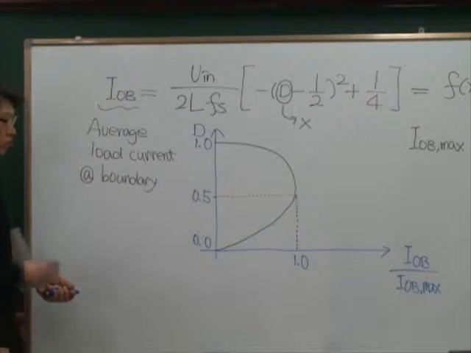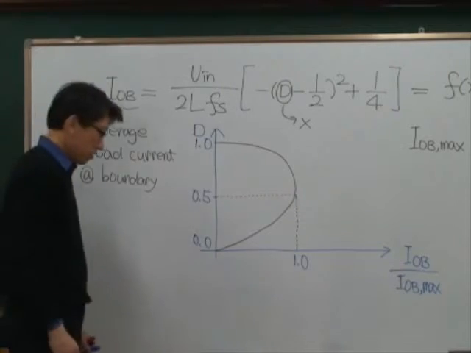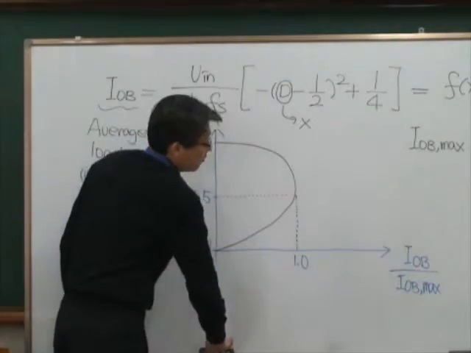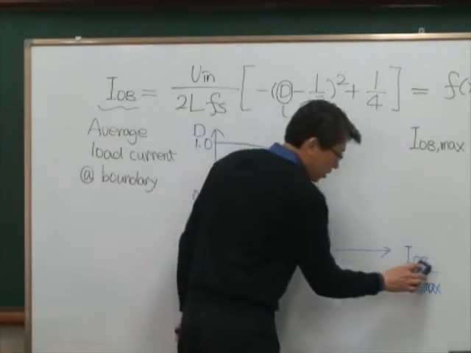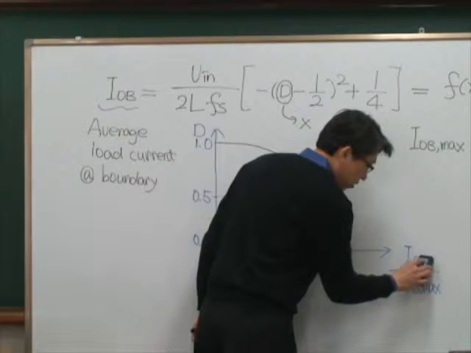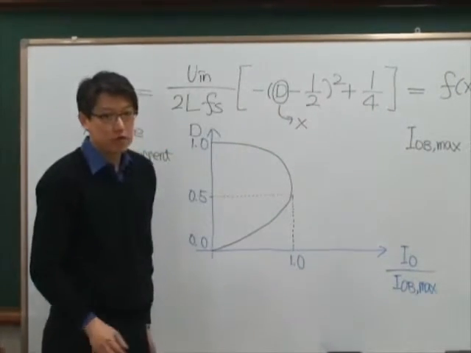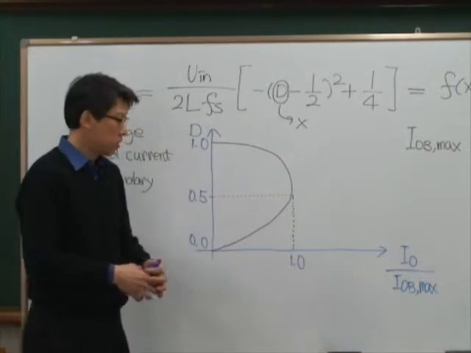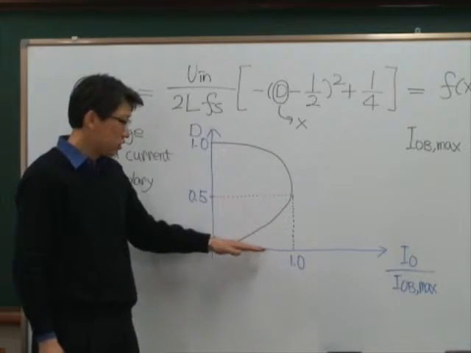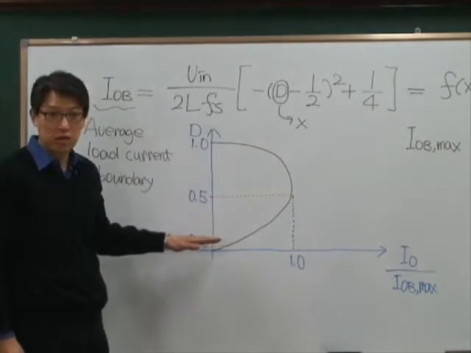So, now, let's take a look at this. I'm going to show you very interesting things. If I talk about I/O, what is I/O? Average of output current. I'm now increasing the average output current, okay?